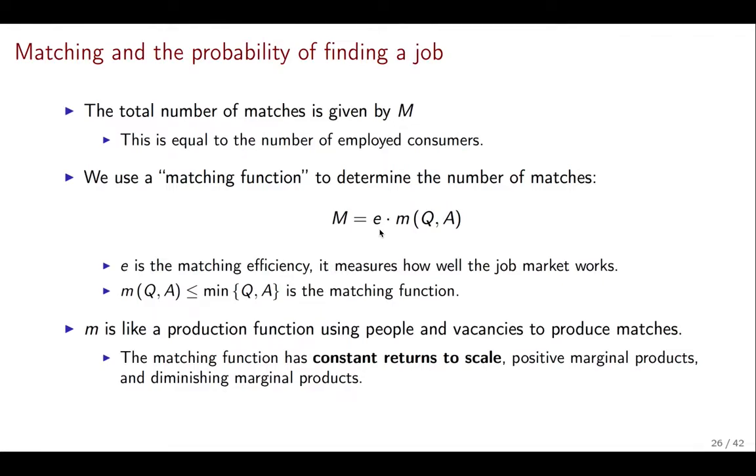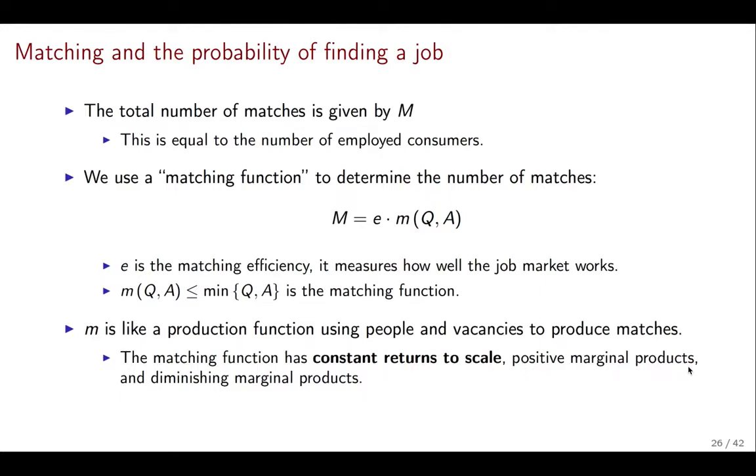Now, as I was saying, M is just like a production function and has a lot of the same properties. The most important one for us right now is that M has constant returns to scale. If you double the number of searches and the number of vacancies, you're going to also double the number of matches. That's going to be important because it's going to allow us to manipulate this function in a very important way to get at the probabilities we're going to define on the next slide. There are other properties, positive marginal products.